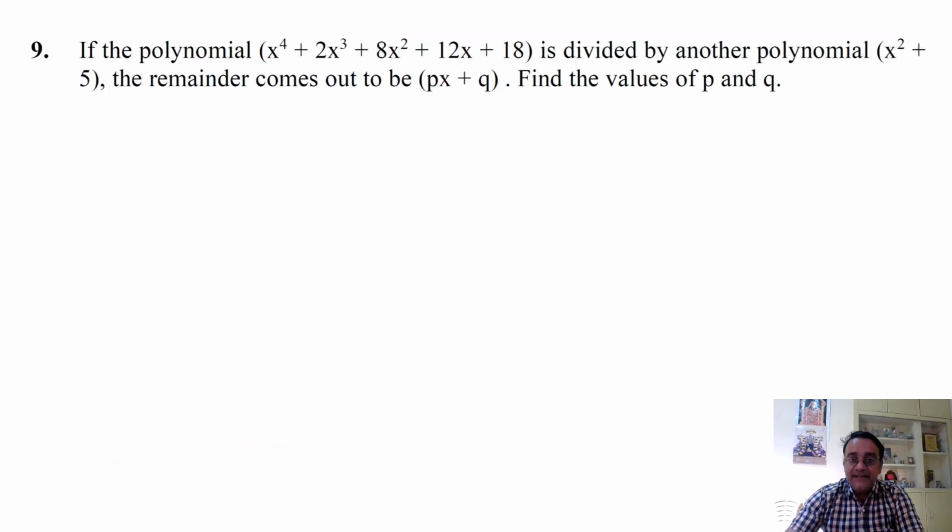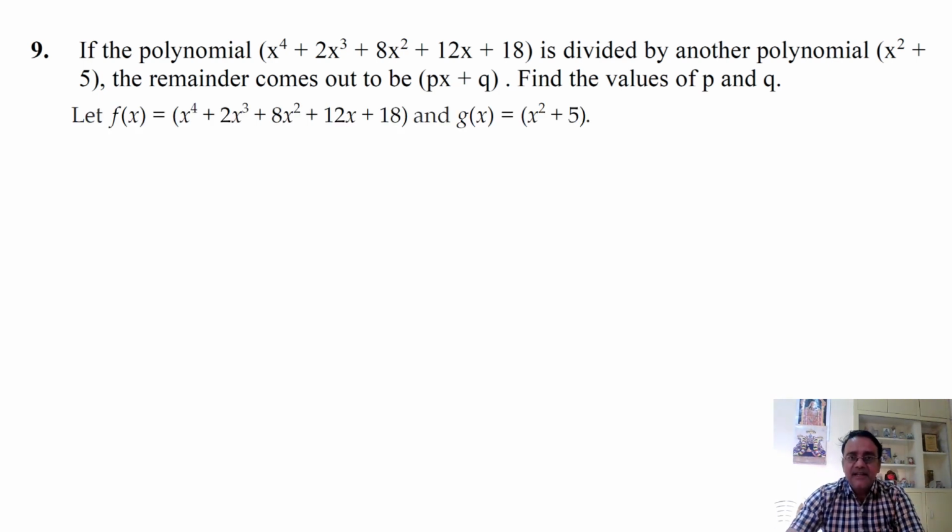Now, ninth question. If the polynomial x to the power 4 plus 2x cube plus 8x square plus 12x plus 18 is divided by another polynomial x square plus 5, the remainder comes out to be px plus q. Find the values of p and q. So what we will do, we will divide first, then whatever remainder we get, we will compare with px plus q. सबसे पहले f(x) ले लिए, first polynomial, and the second polynomial g(x), then we will divide.